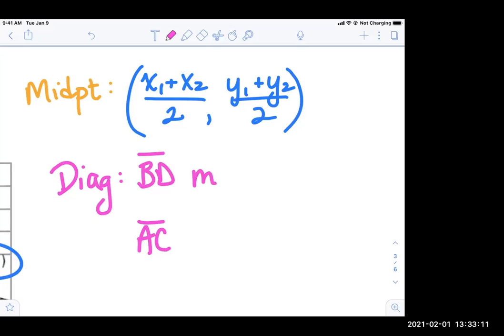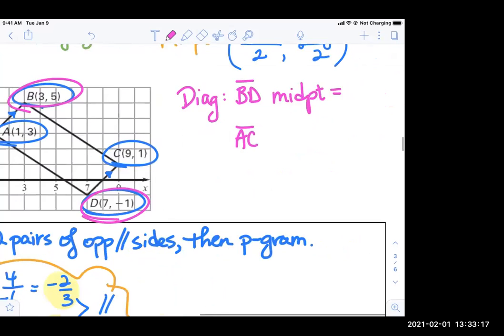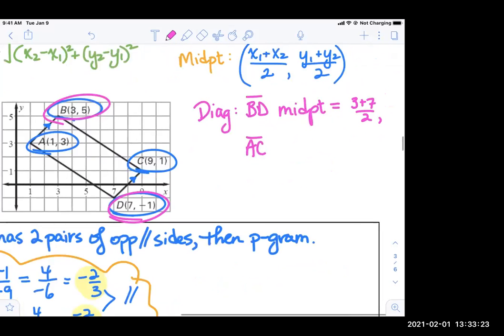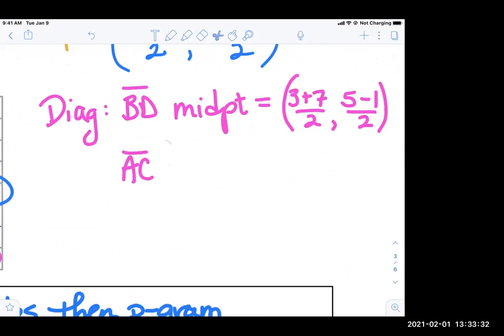Okay, BD midpoint is going to be, let's see, BD is here. 3 plus 7 over 2, and 5 minus 1 over 2, or 5 plus -1, same thing. What's that going to simplify to?